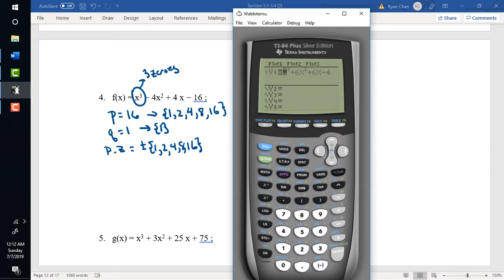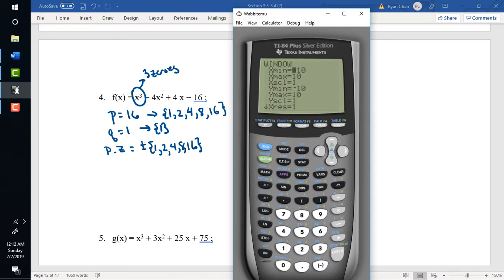Okay, so I have x to the third minus 4x squared plus 4x minus 16.